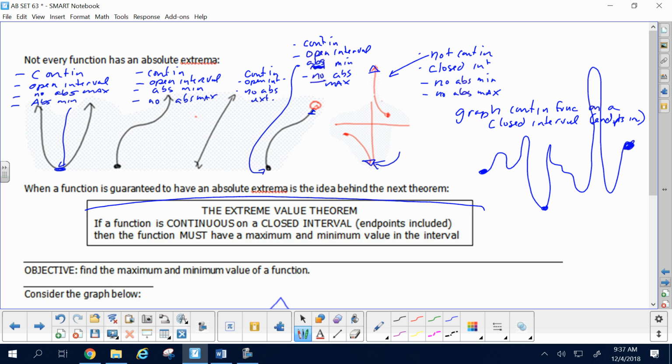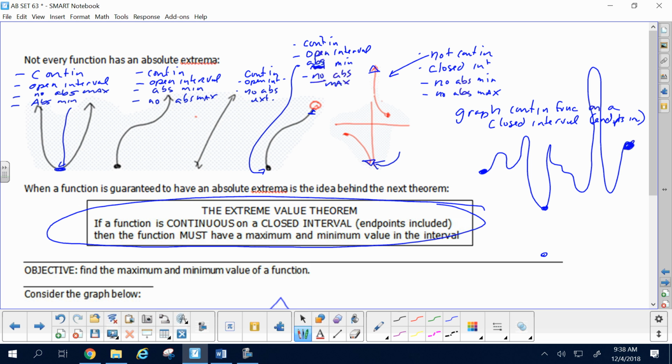So the point is this then. That's the first part of the extreme value theorem. If a function is continuous on a closed interval, it's absolutely 100% guaranteed to have an absolute min and max. It must have a min and a max. Now that's not to say that if it doesn't meet those conditions, if it's not continuous, it can't still have one.